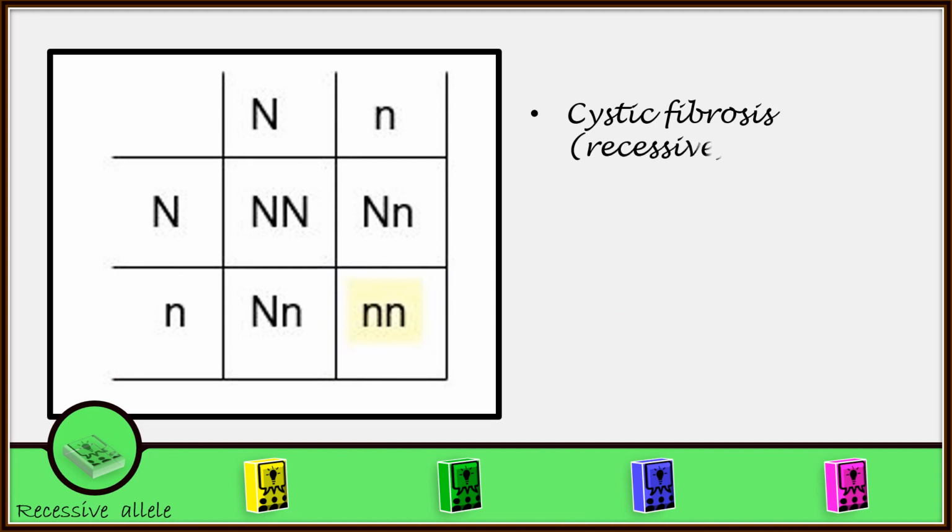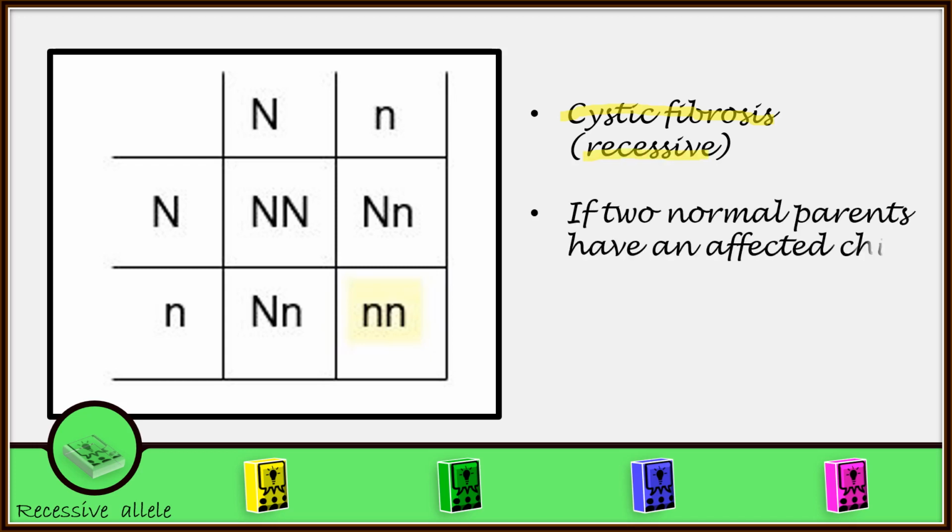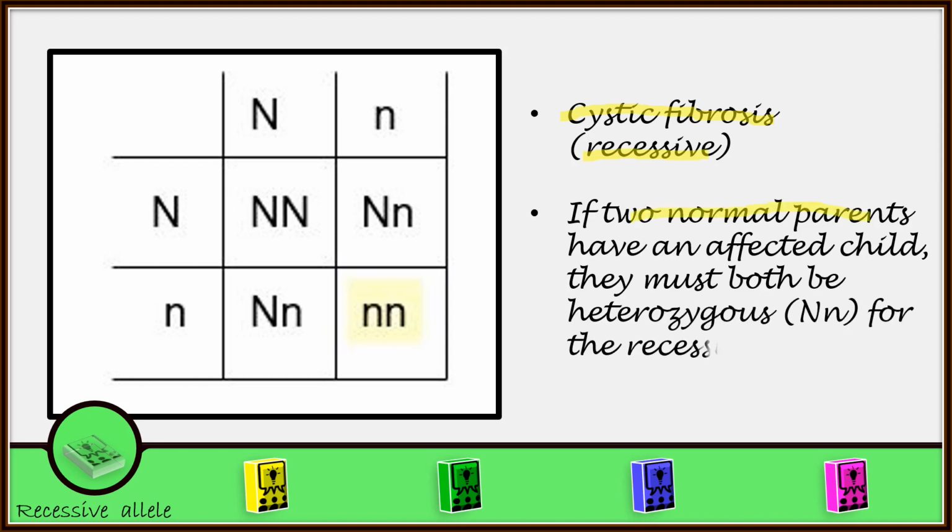Cystic fibrosis is recessive. If two normal parents have an affected child, they must both be heterozygous, capital N, small n, for the recessive allele, small n.